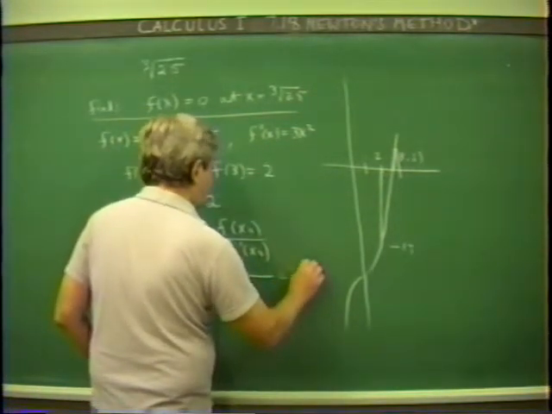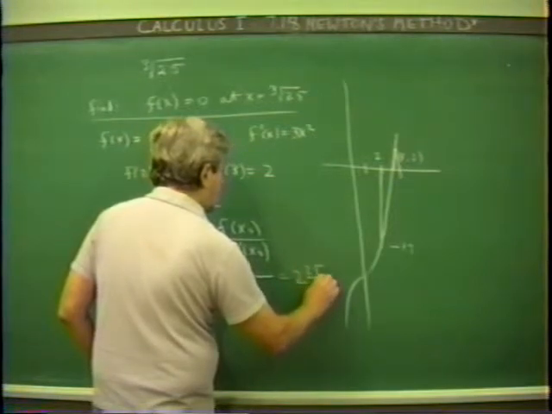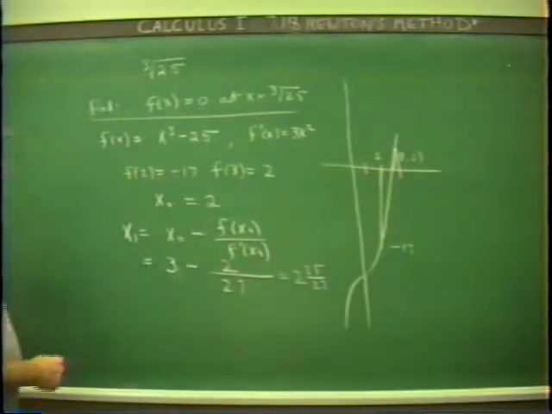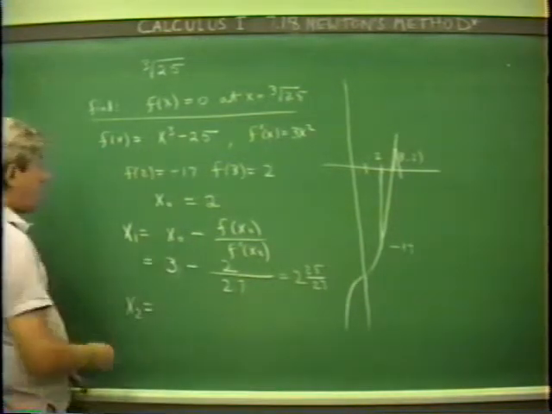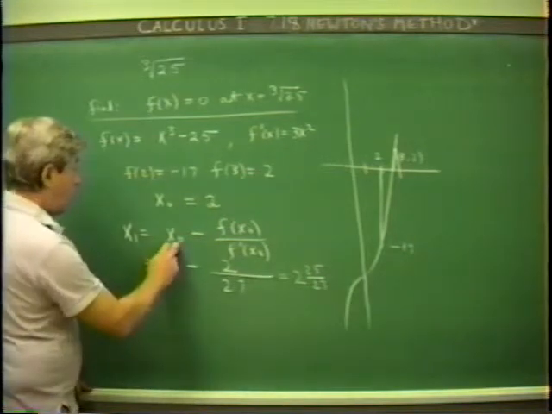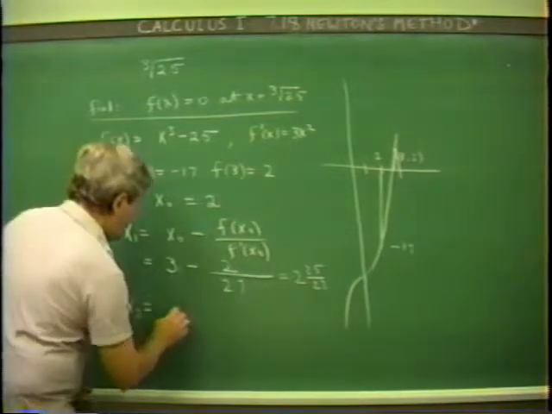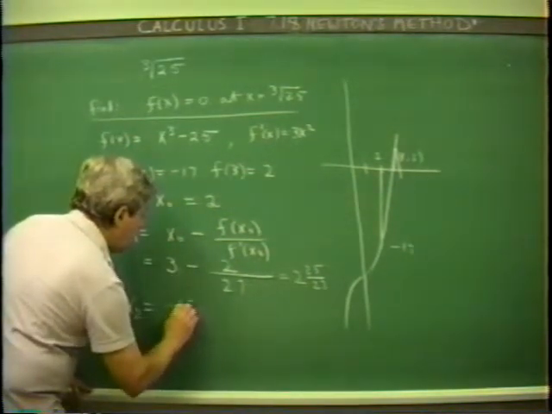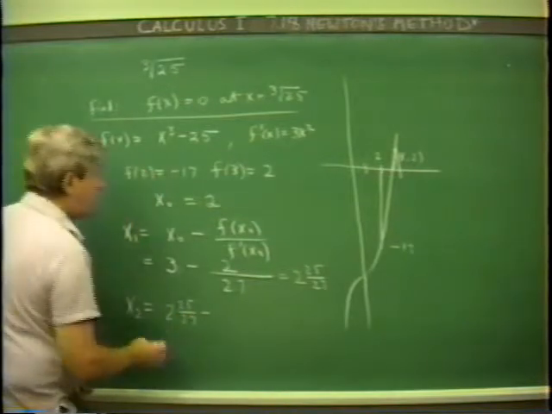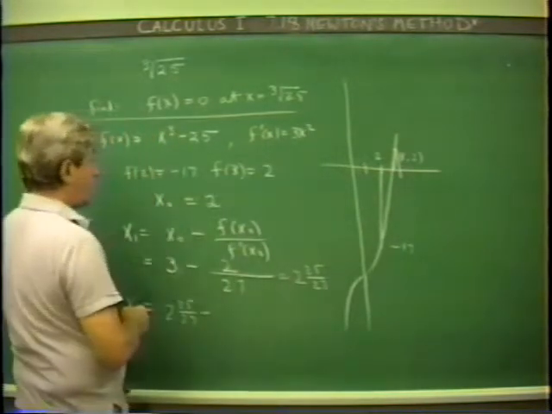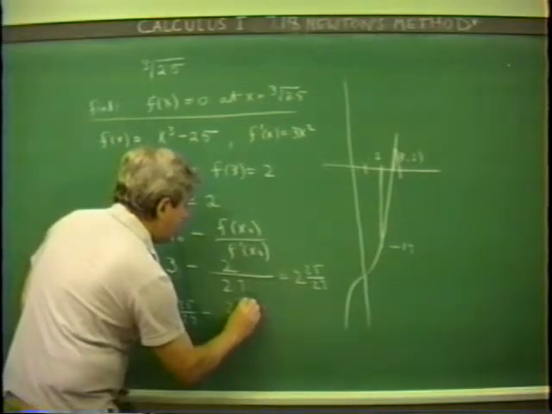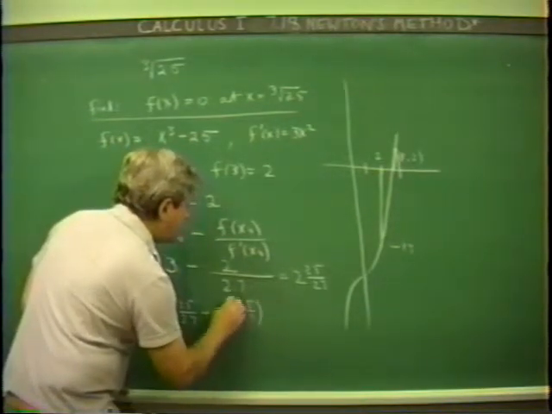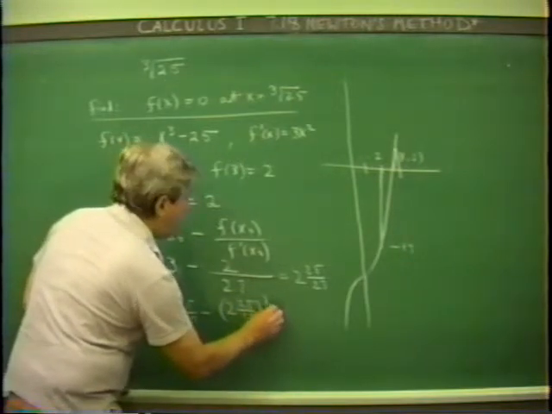So here we get the same approximation that we got using differentials and the cube root. So x1 is equal to 2 and 25/27. However, here we can repeat this over and over again. So now we can get x2 if we want. It's going to be equal to x1, which is 2 and 25/27, minus the value of the function at x1.